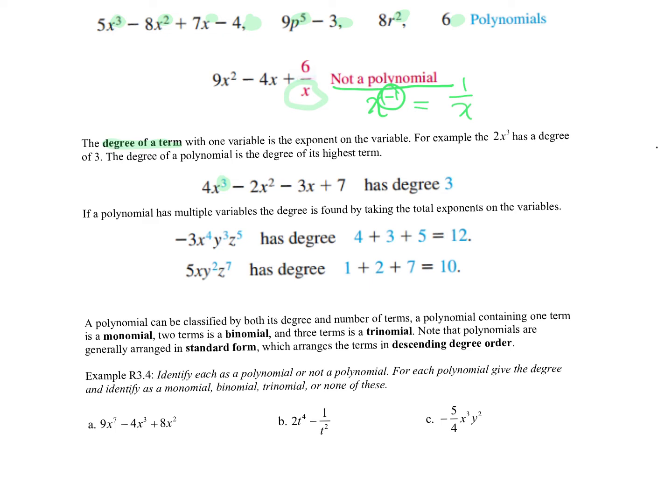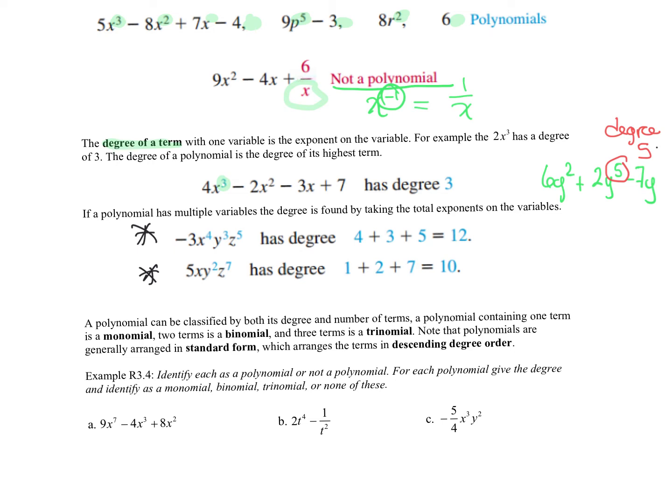So if I had written something like, let's make one up, 6y squared plus 2y to the 5th minus 7y. The biggest degree here is 5, so this one's degree is a 5.